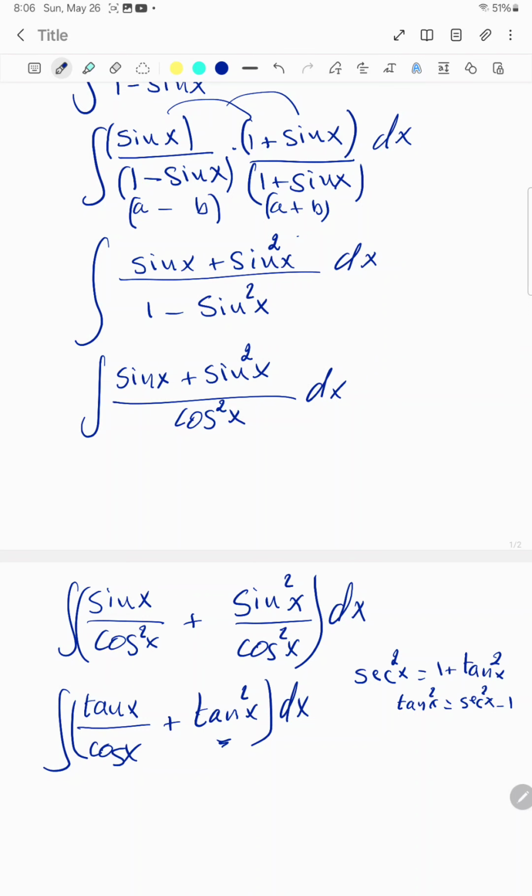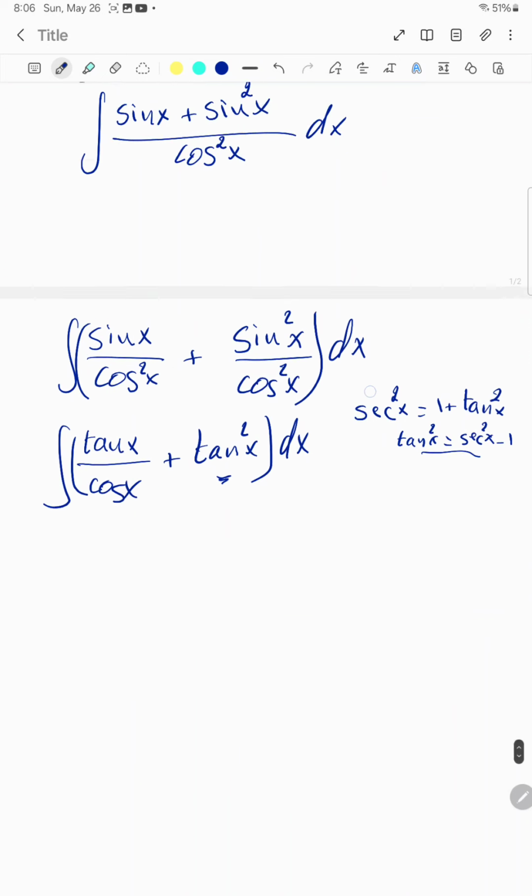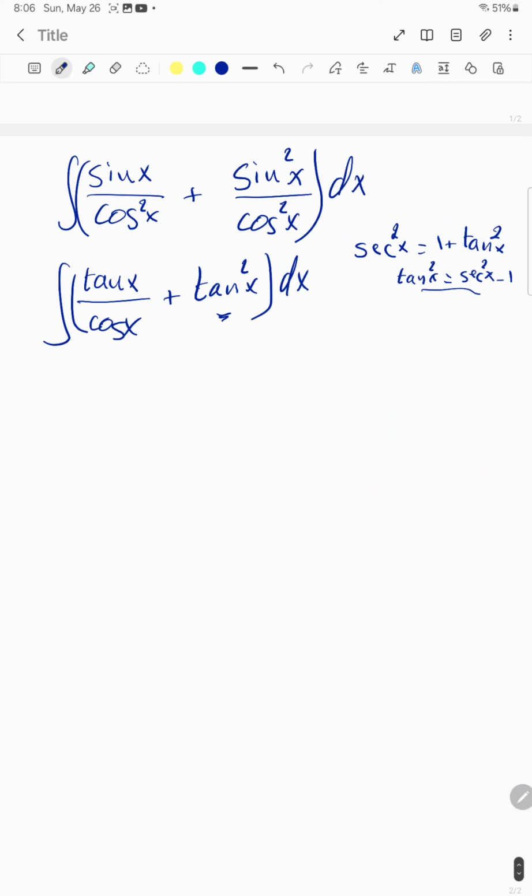So I will replace this tan square by that formula, and I know that 1 over cosine of x is sec of x. So for tan of x, instead of dividing by cosine of x, I will multiply it by sec of x, because 1 over cosine is sec.